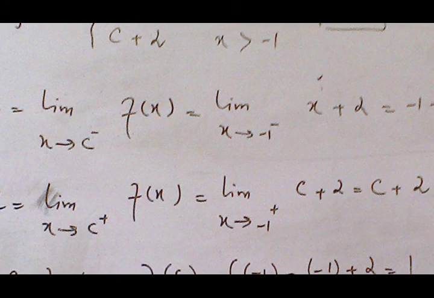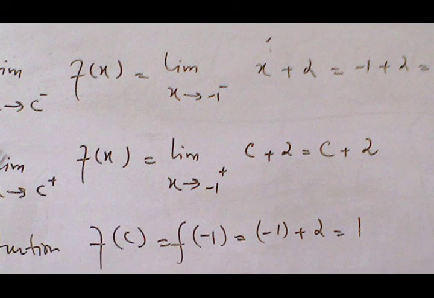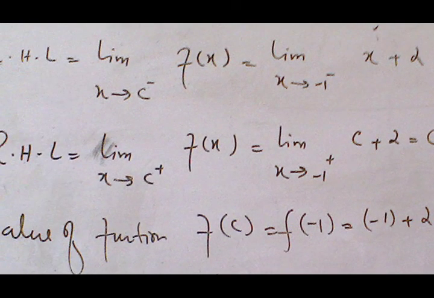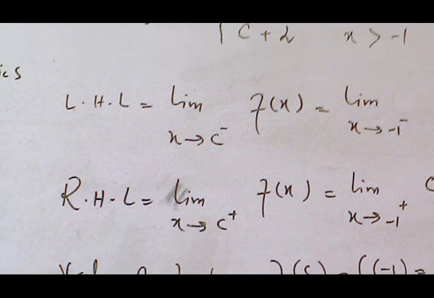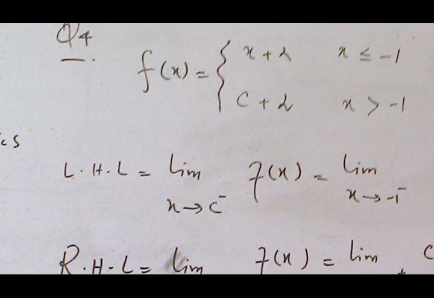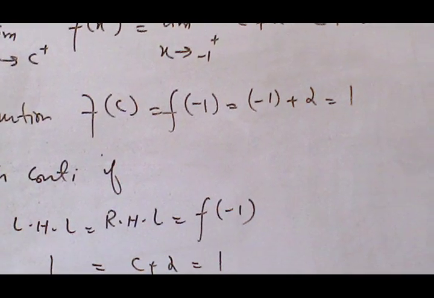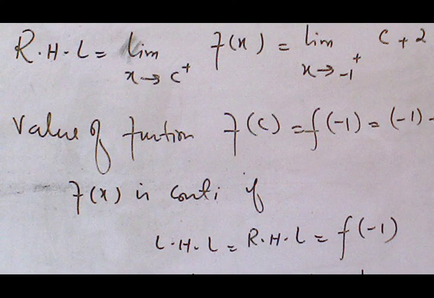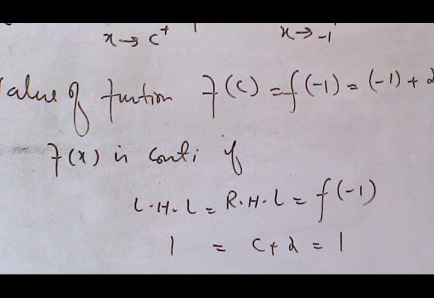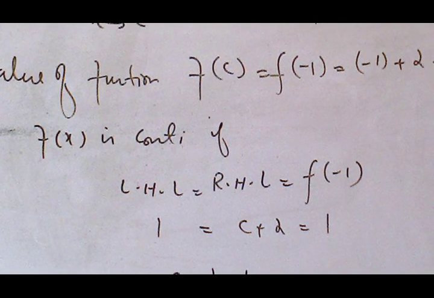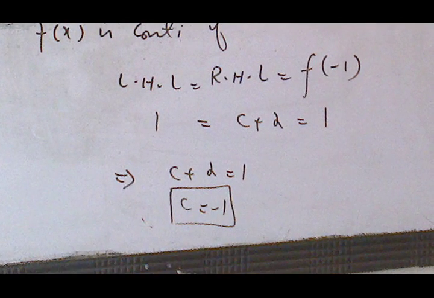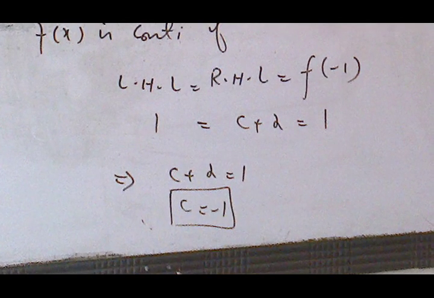Here there is no x, therefore the value remains the same, c plus 2. For f of c, the equal sign is in x plus 2, so it gives 1. Now in this question the function is given as continuous, so we put the three values equal and then we find the value of c.